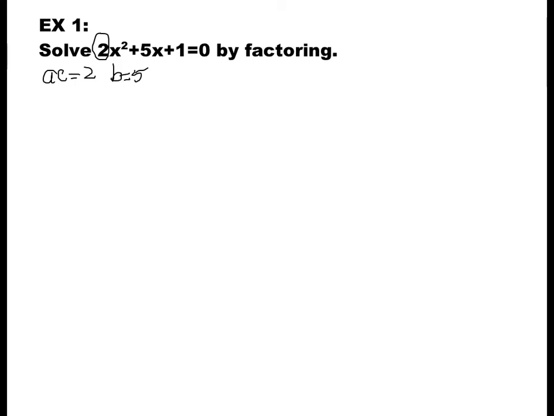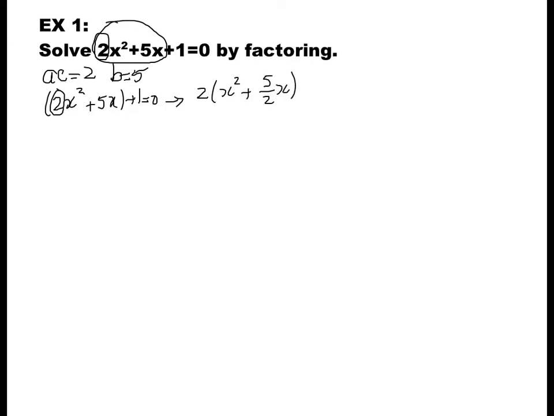So again, I'm going to take these first two terms and package them together, so I get 2x squared plus 5x, and then plus 1 is equal to 0. From here, I'm going to factor out the leading coefficient, because remember that to do the completing square, we have to have leading coefficient equal to 1, so I get 2 times x squared plus 5 over 2 x, plus 1 is equal to 0.